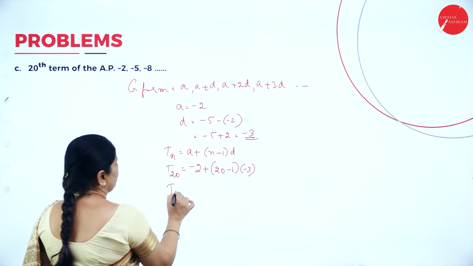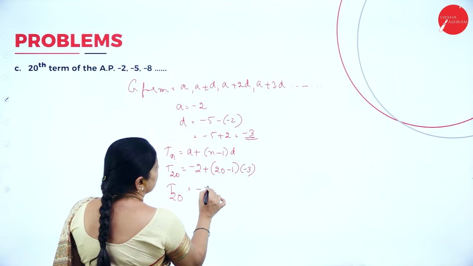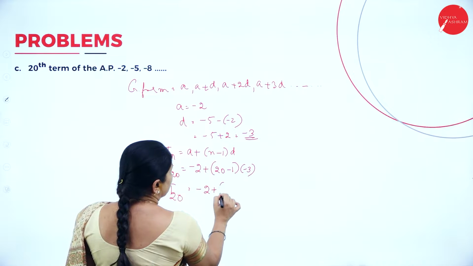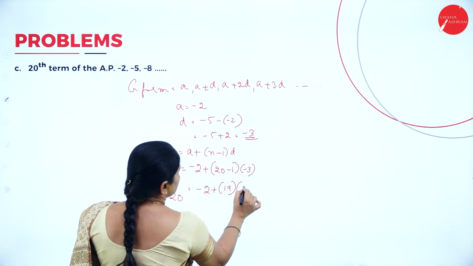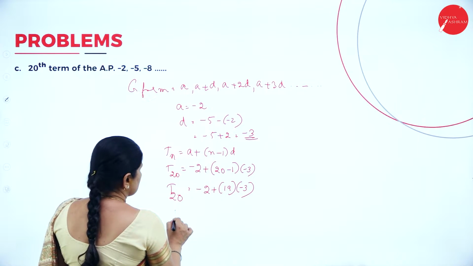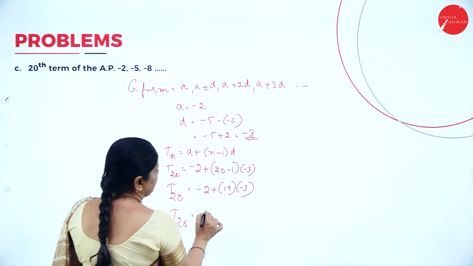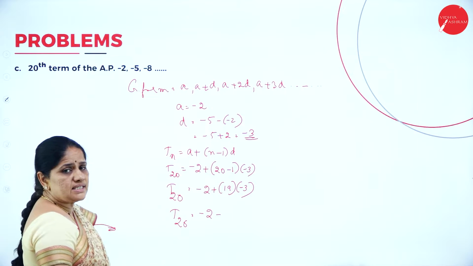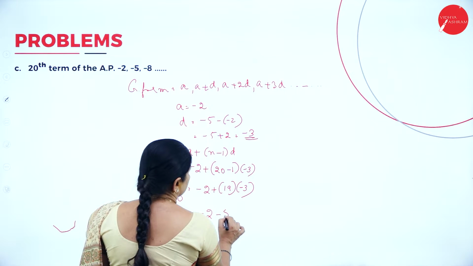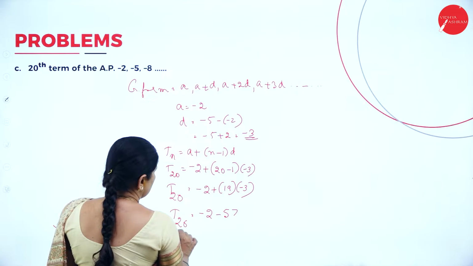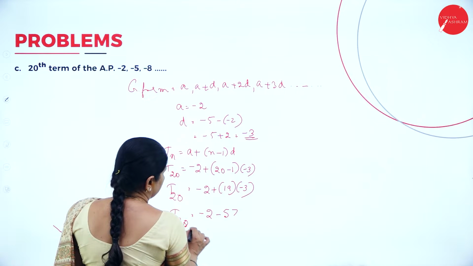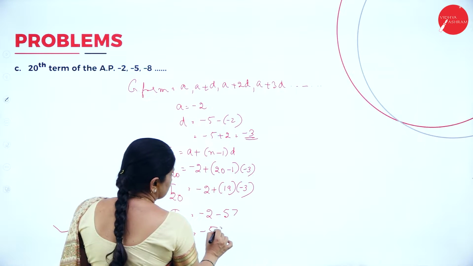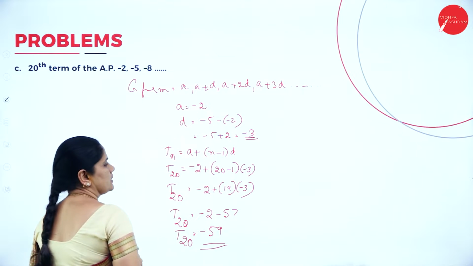So, T20 will be minus 2 plus 19 into minus 3, that is minus 2 minus 57. So, T20 will be equal to minus 59.